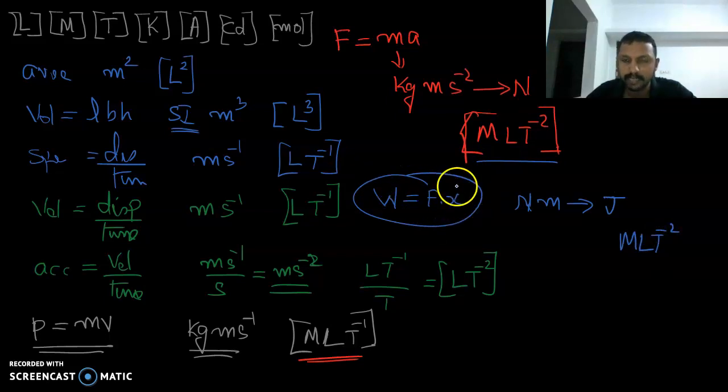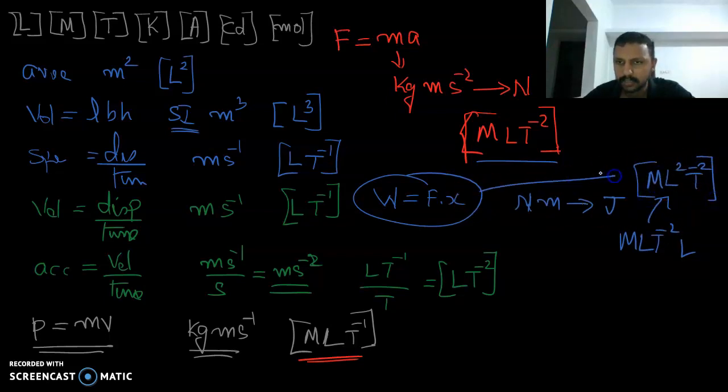The dimensional formula of displacement is actually length itself, L. Therefore, writing it in a combined simplified manner, it will be L into L, which becomes ML square T raised to minus 2. It is the dimensional formula of work.